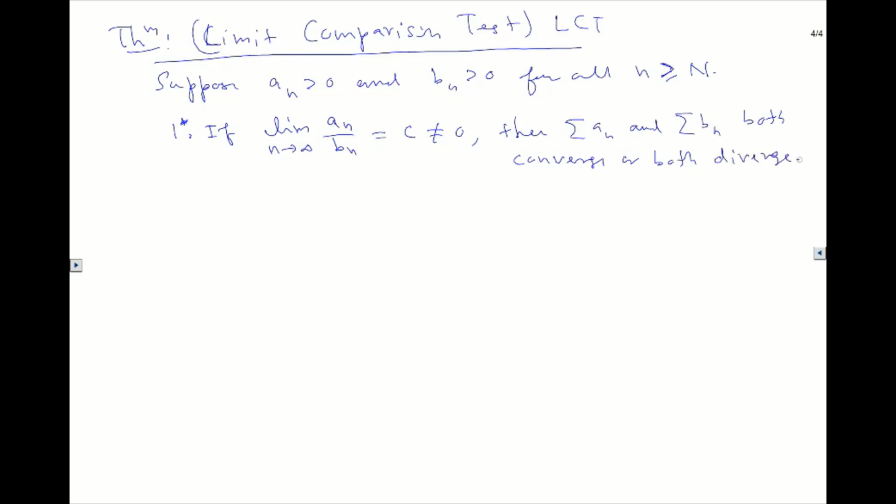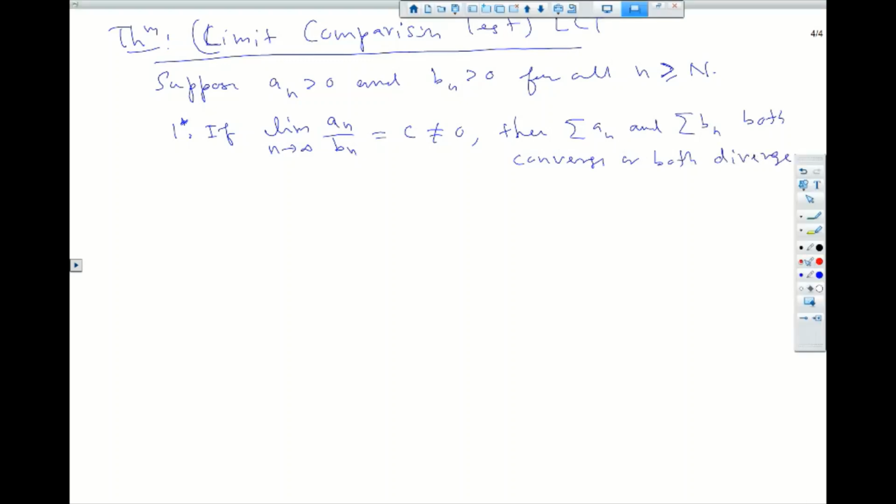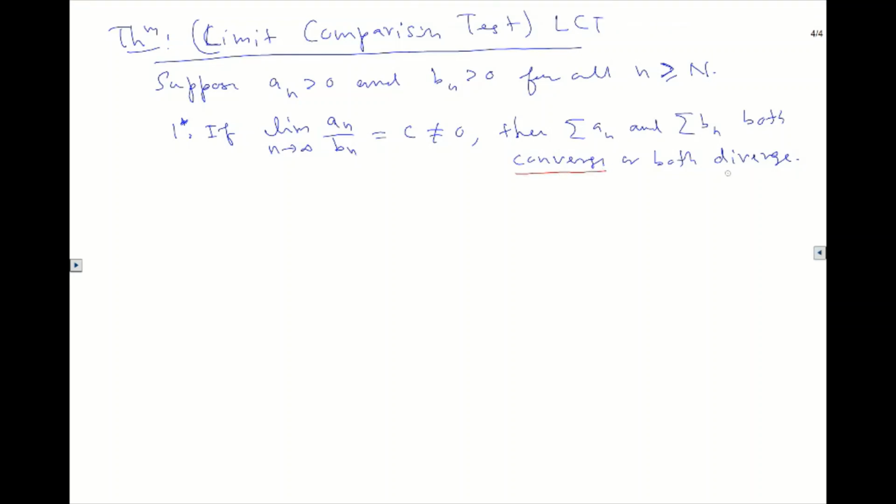What it says is that if the limit is a constant, whatever the constant is, if we divide the two and take the limit and it is a constant, the two series behave exactly the same. If sigma an converges, sigma bn converges. If sigma an diverges, sigma bn diverges, because they are related to each other by a constant. So both behave exactly the same.